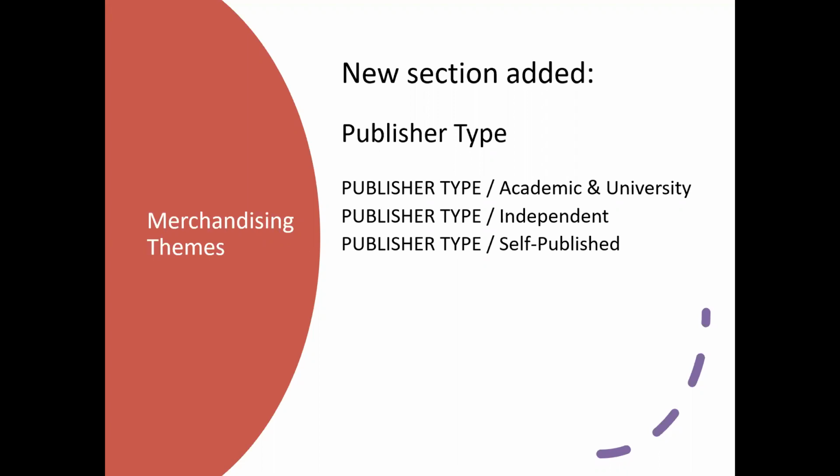So we added these, and publishers are welcome to use them. We continue to maintain this list because it's an effort to get people to start using them. So if publisher type is something that people want to see, maybe that would prompt people to start using the merchandising themes.